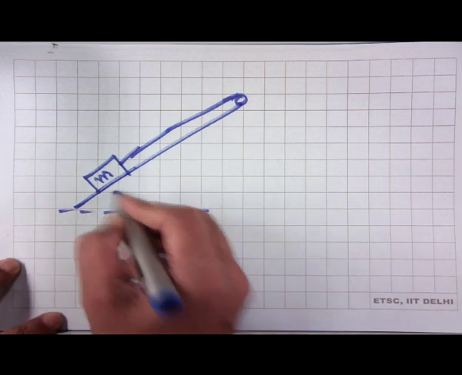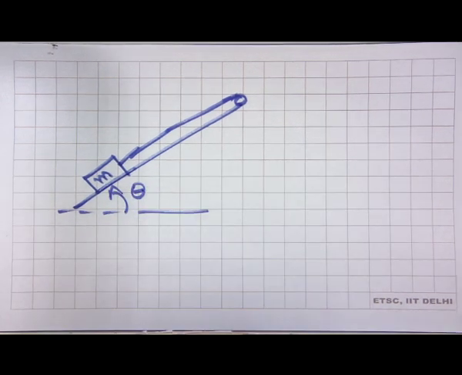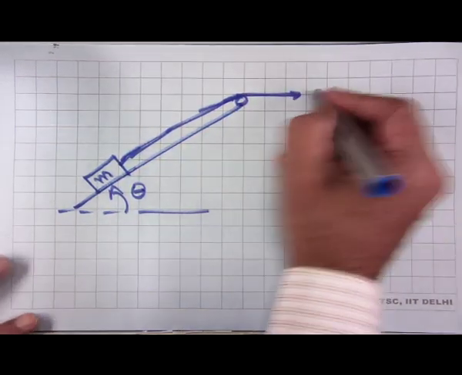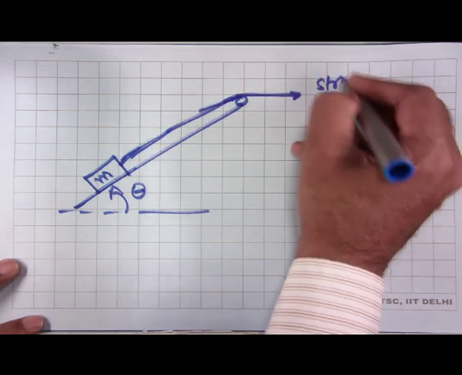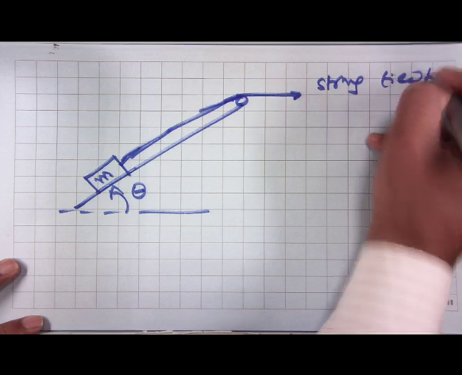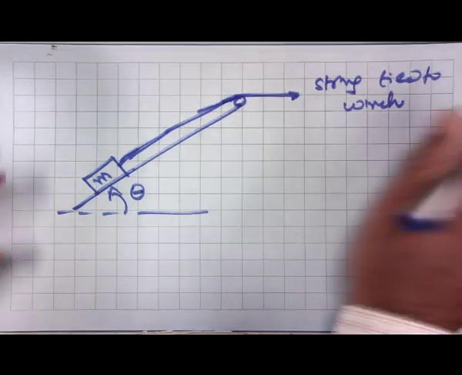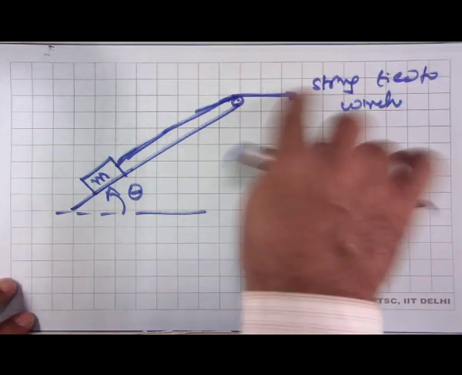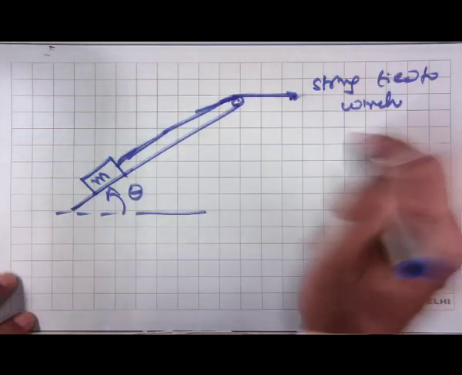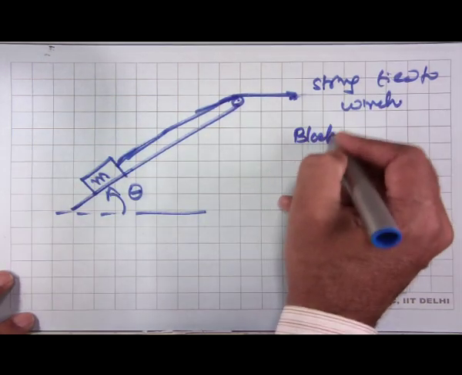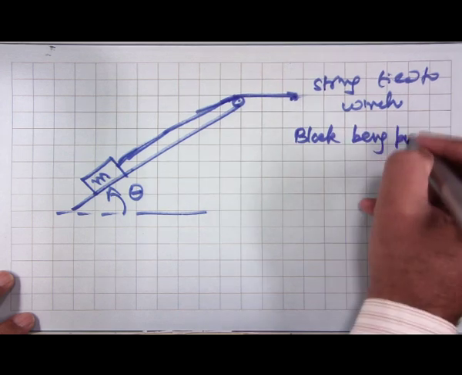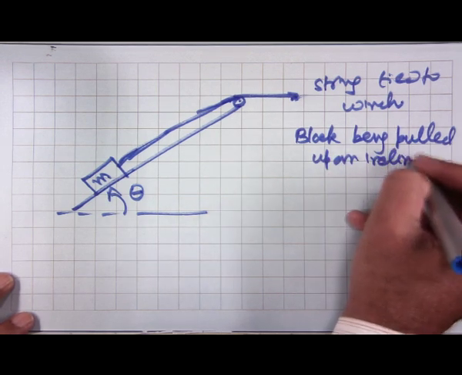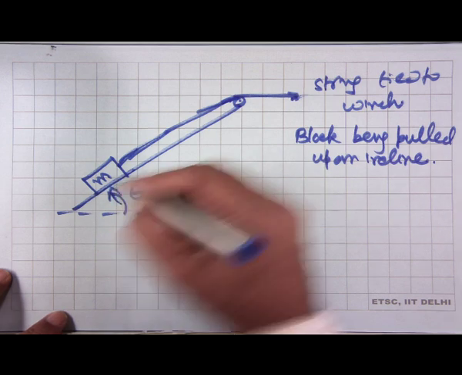This incline is at an angle theta, and the string is tied to a winch. As the winch rolls, the string pulls up the block. So we have a block being pulled up an incline. This incline is straight.